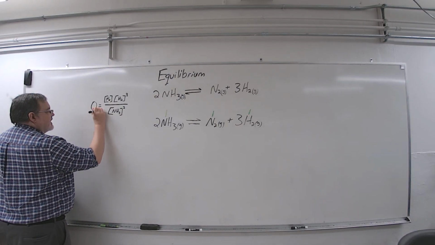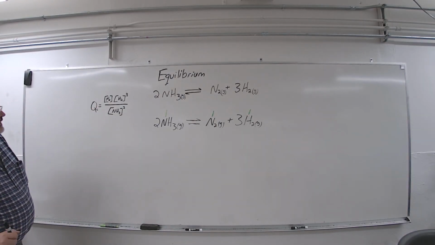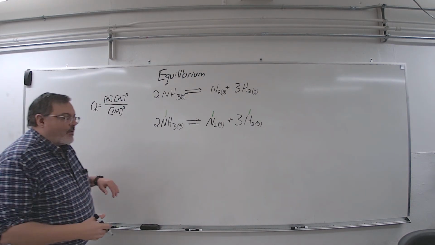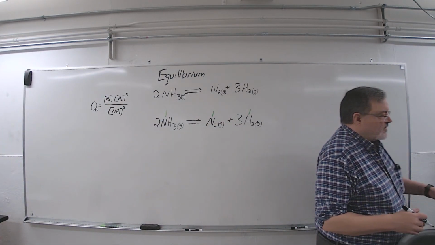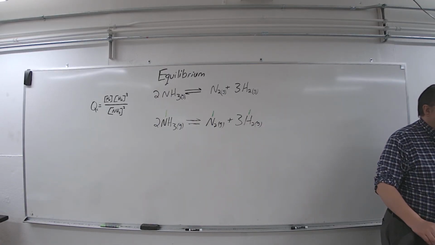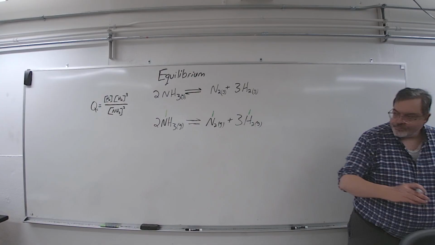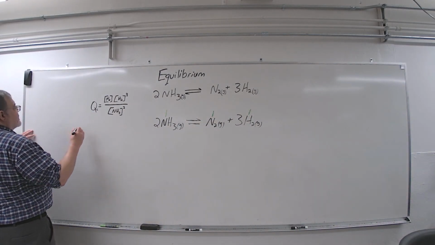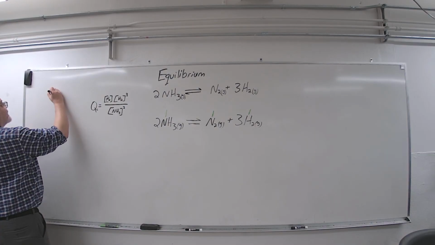Your book uses a C to indicate we're doing the reaction quotient as a function of concentrations. There's another way to do this with partial pressures when it's a gas, but I'll do that another day. So this numerical value is called the reaction quotient.